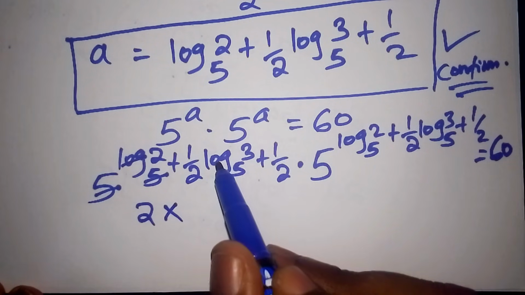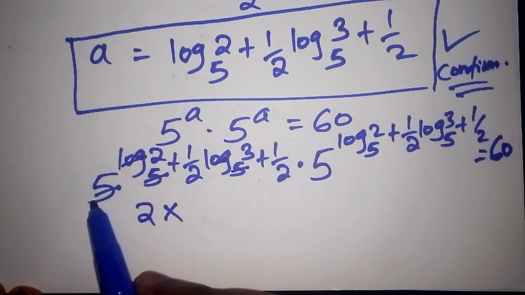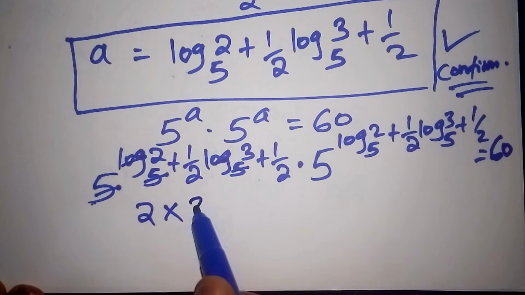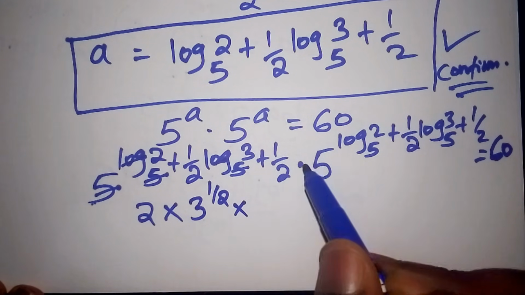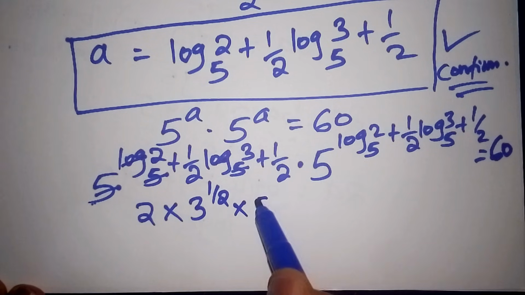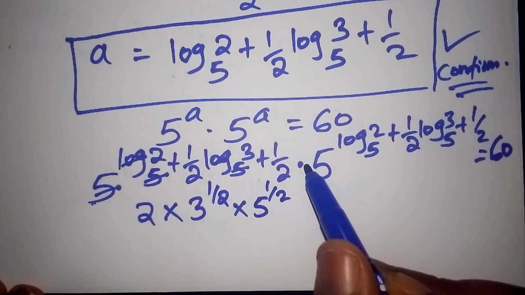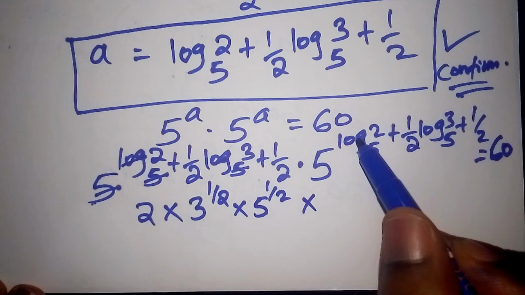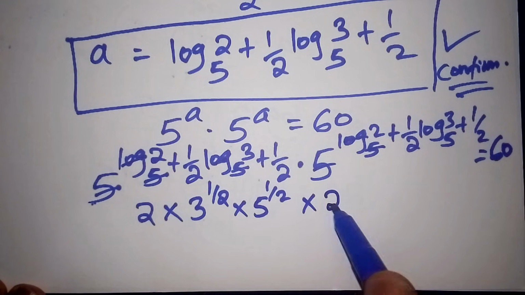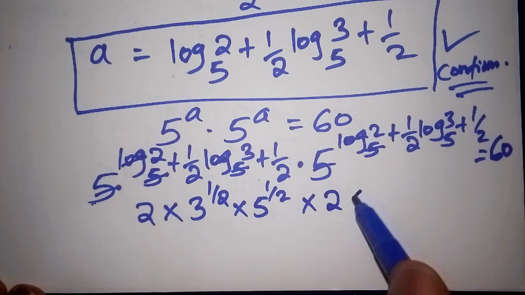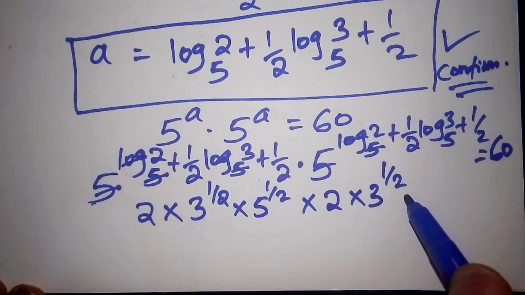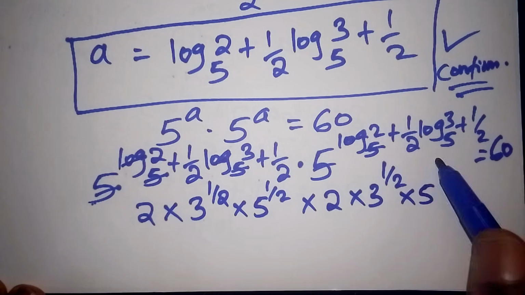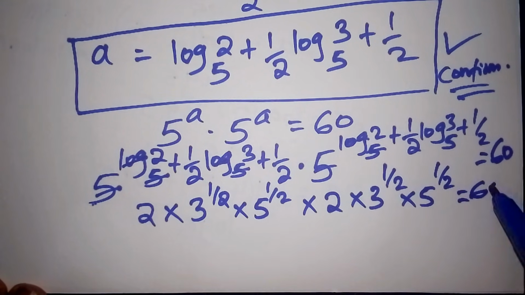The log to the base of 5 cancels with the other 5, so we have 3 to the power of a half, multiplied by 5 to the power of a half, times, the log to the base of 5 cancels this 5, so we have 2, then the plus becomes multiplication, 3 to the power of 1 over 2 multiplied by 5 to the power of a half, equals 60.